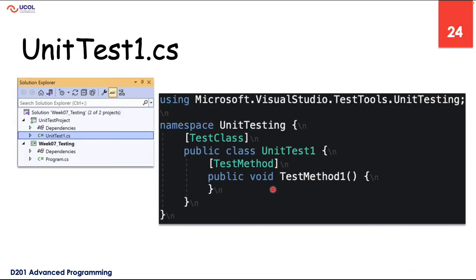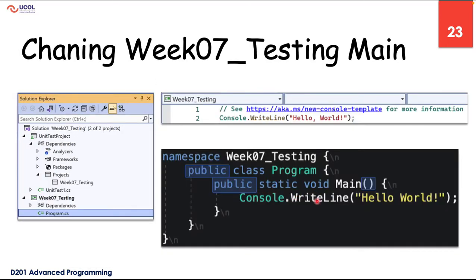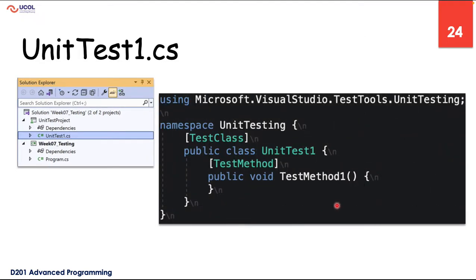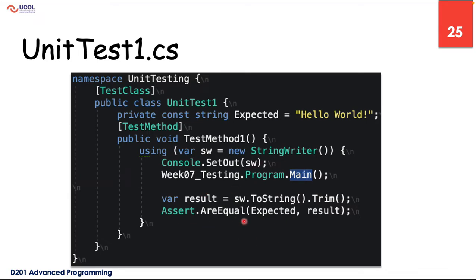Okay, so we are going to change that TestMethod1. Now if we look at our main program, it is just printing hello world on the console. So what we are trying to do in this method: first of all, we say what is the code that we are testing, and what is the expected outcome of that code. So we say hello world, that is the expected outcome.